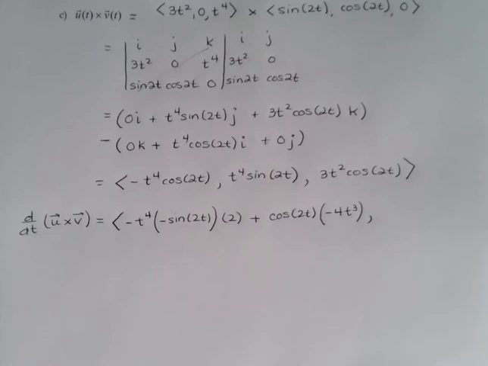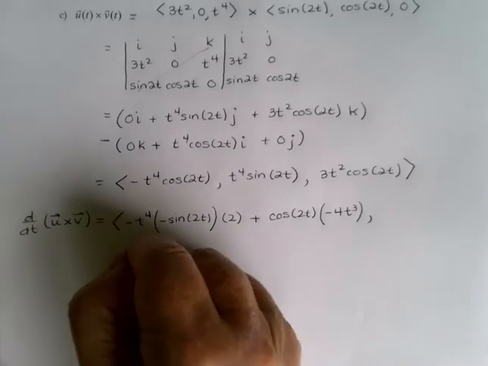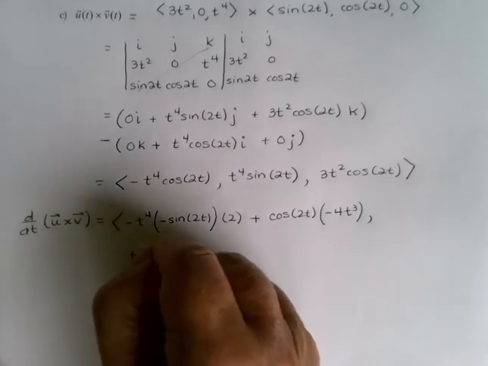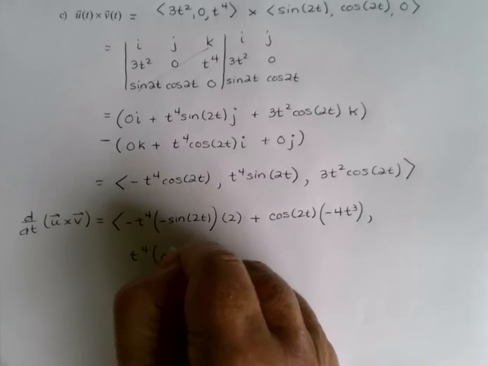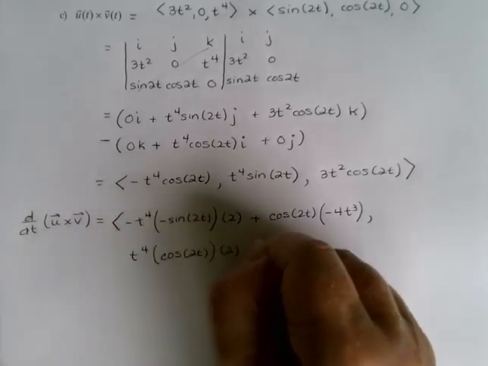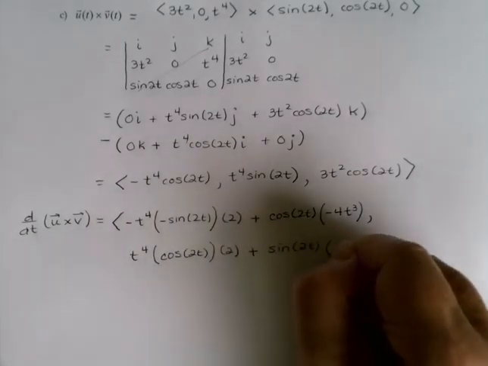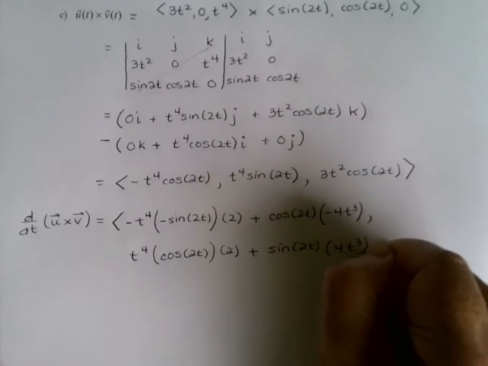And these are longer than they are difficult to do, so I'm going to start a new line here just to give myself some space. I would have, for the second component, t to the fourth times cosine 2t times 2 plus sine 2t times 4t cubed.